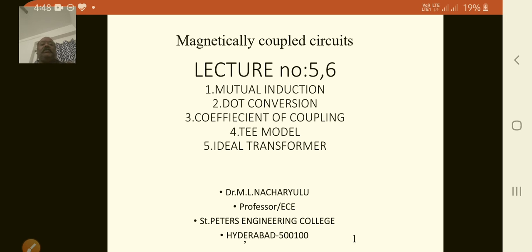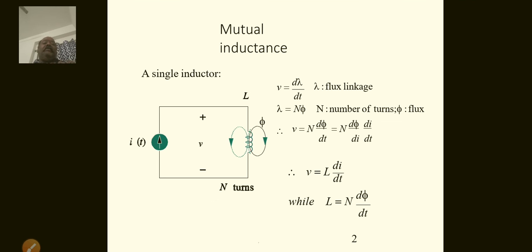If the two coils are connected in series, the equivalent effective inductance is L1 plus L2 plus 2M for aiding, and for series opposing, it is L1 plus L2 minus 2M. This we already discussed in the previous lecture. Now we are going to talk about mutual inductance, which we already touched on in the previous lecture, and how mutual inductance occurs. Now we will take a single inductor coil.